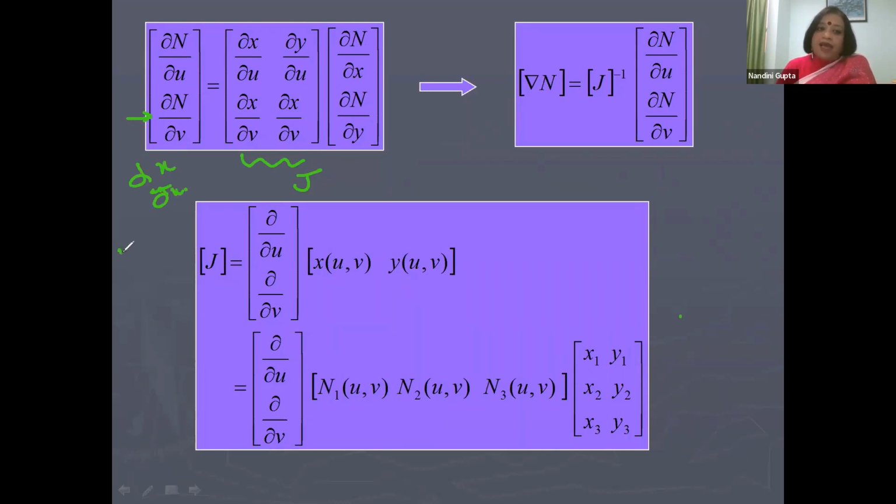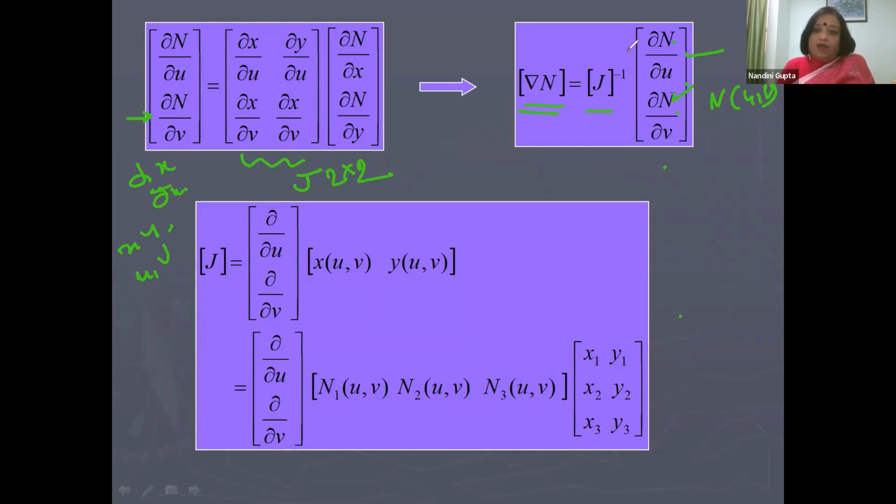Now we have x and y, and u and v as well. So this is your Jacobian matrix, which is 2 by 2. Therefore, grad N can be written as J inverse times del N del u and del N del v. Remember, we know N as functions of u and v, so we can evaluate these right-hand sides. And once we evaluate them, we can evaluate the differentiation of the shape functions or mapping functions in terms of x and y as well.